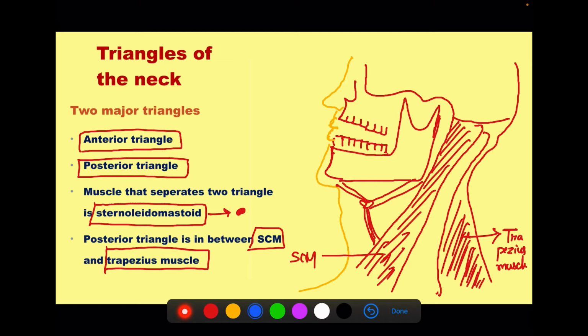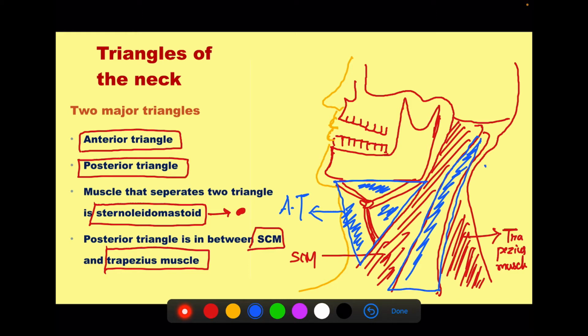Now this whole blue region, forming the shape of a triangle, is called the anterior triangle, and this one is also forming a triangle like this. This is called the posterior triangle.